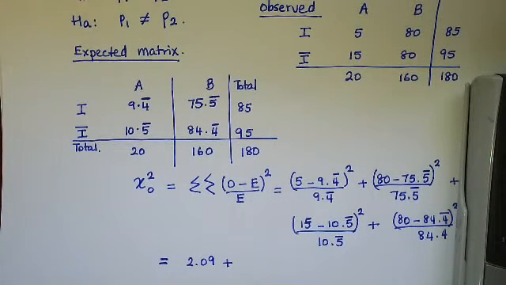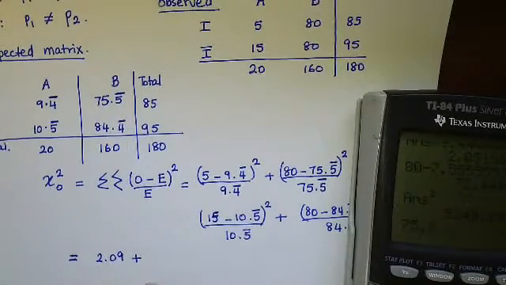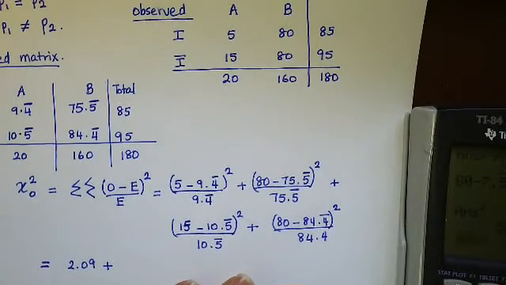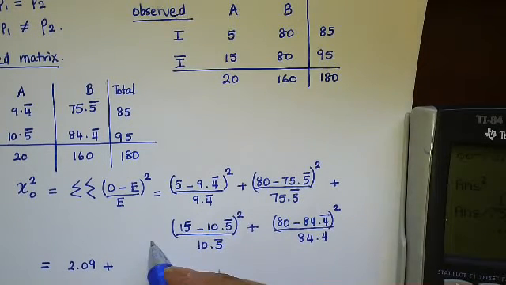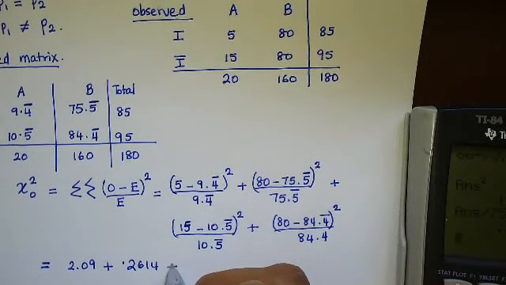Plus 80 minus 75.5 repeating, square it and divide by 75.5 repeating: 0.2614.